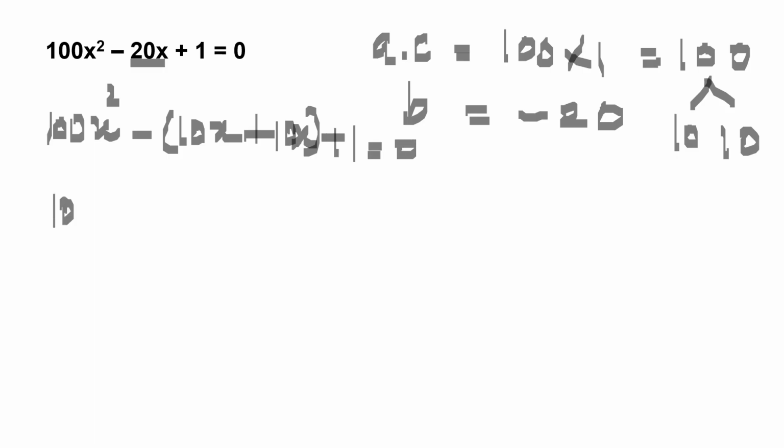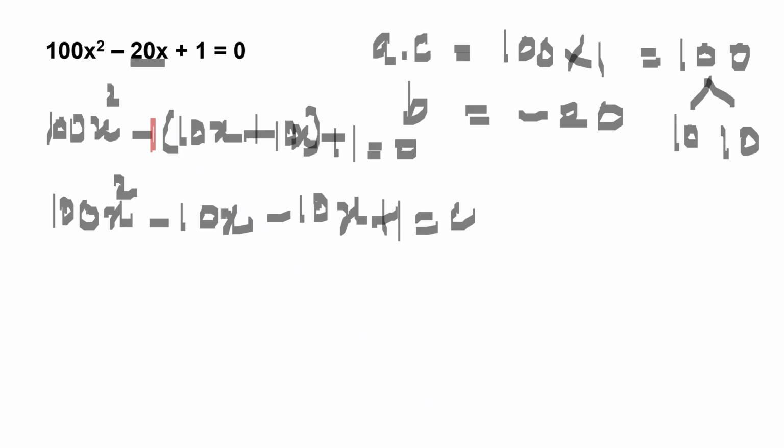So minus 1 into 10x, that is minus 10x. Then minus into plus is again minus, plus 1 equal to 0.